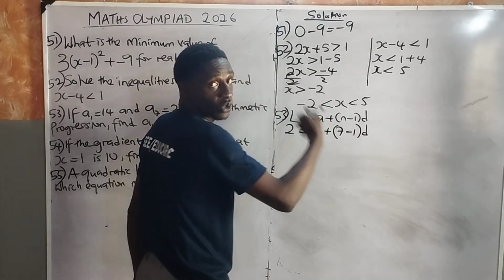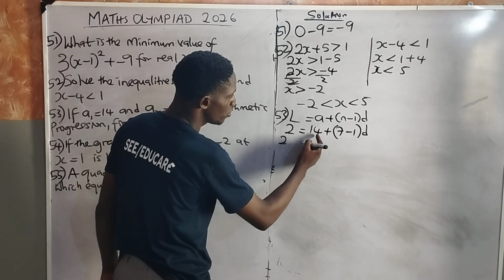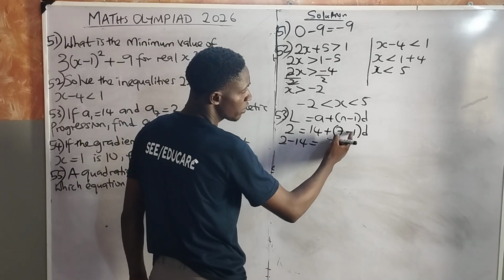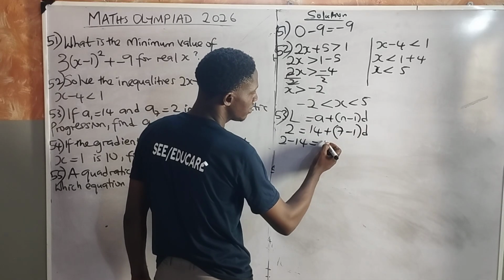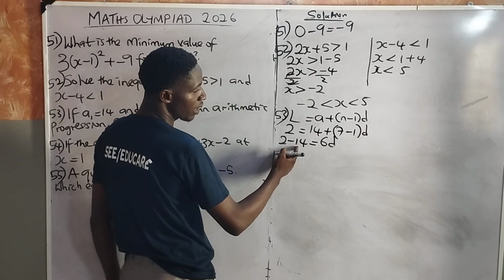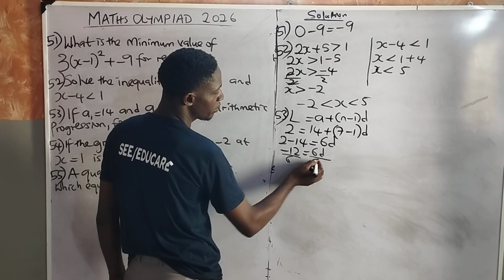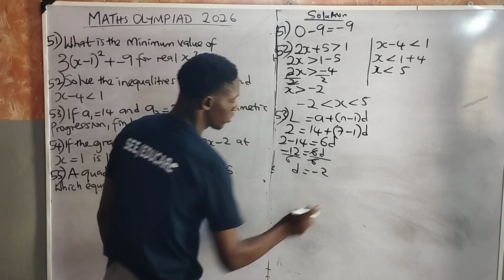D is the common difference, and we need to get it. So we have 2 plus, when 14 comes here, minus 14, is equal to 7 minus 1 is 6, 6 times D is 6D. 2 minus 14 is minus 12 is equal to 6D. Dividing both sides by 6, our D is minus 2.